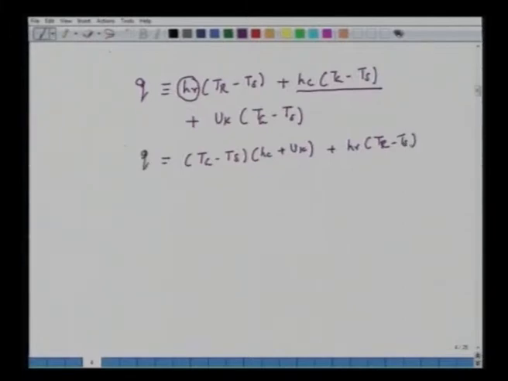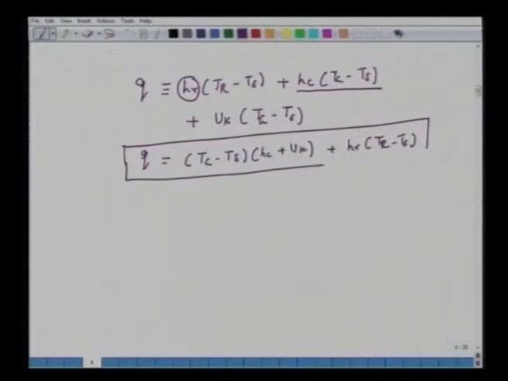So the total heat flux received by the solid surface by three modes of heat transfer is this. And remember, we equated this to Nc into lambda.